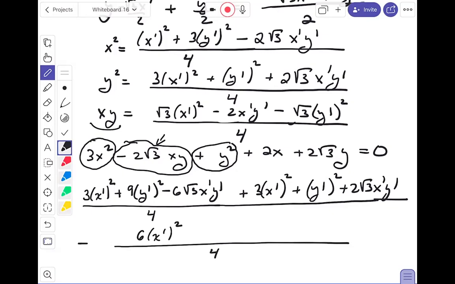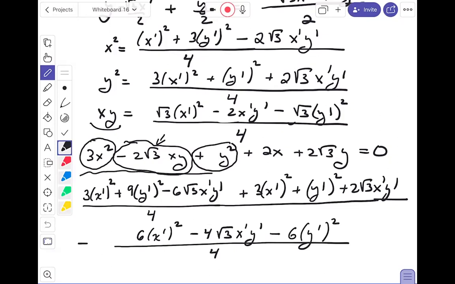Okay, 2 root 3 times minus 2 is going to be minus 4 root 3. Boy, it's a lot of work, isn't it? Let's see, minus, well, that's going to be 6 again, y prime squared. I got more work to do.